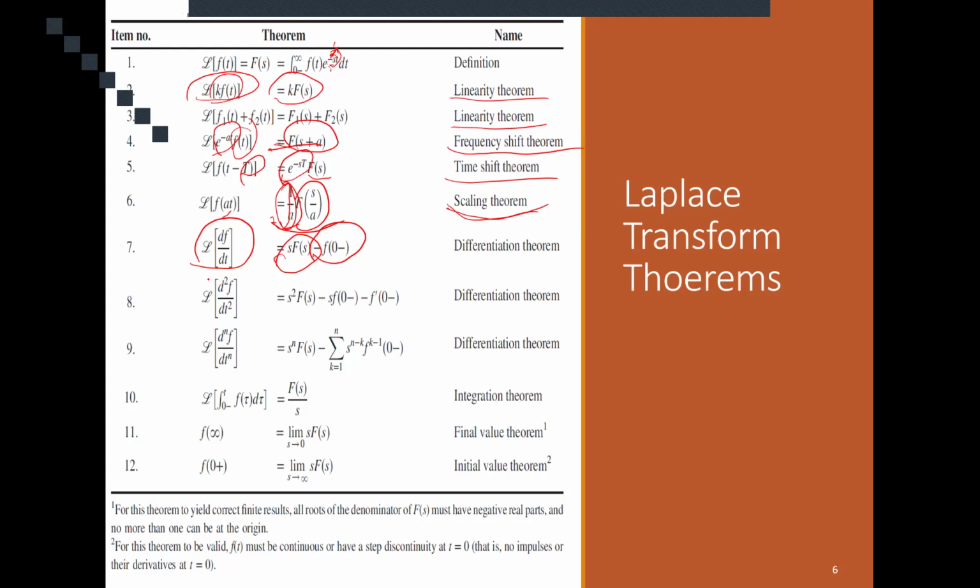Now, the second derivative is the expansion of the one before. It is going to be s squared times the function minus s times the initial condition minus the initial value of the derivative.